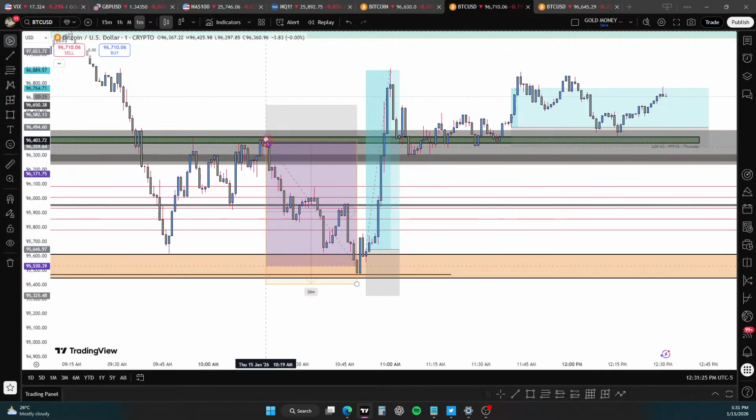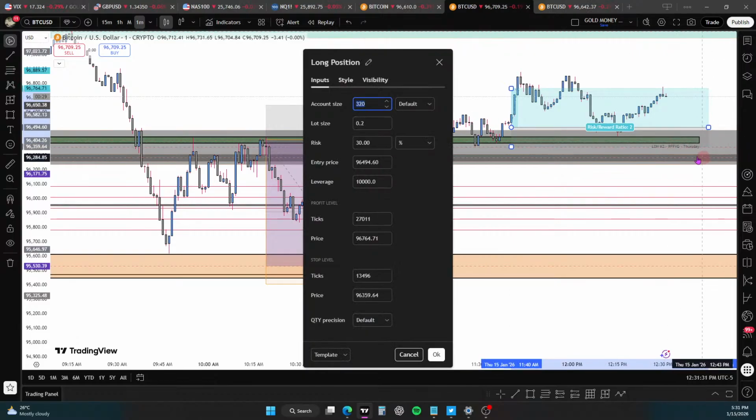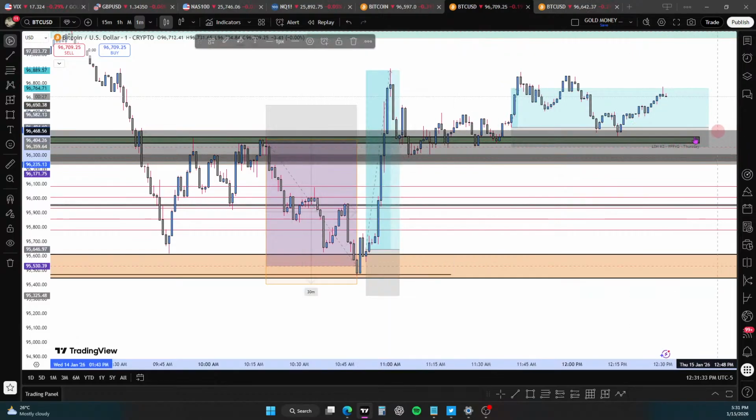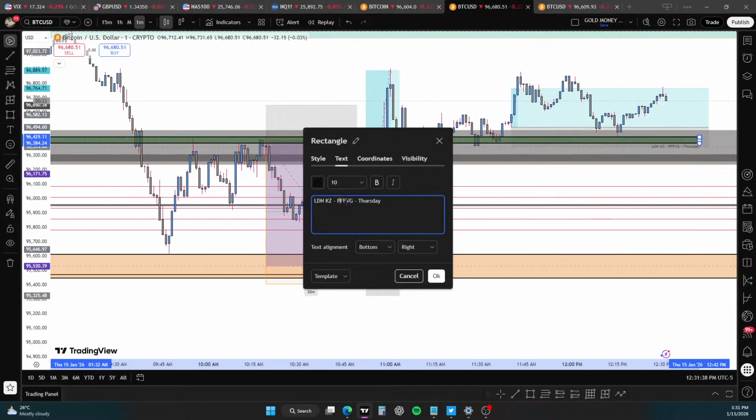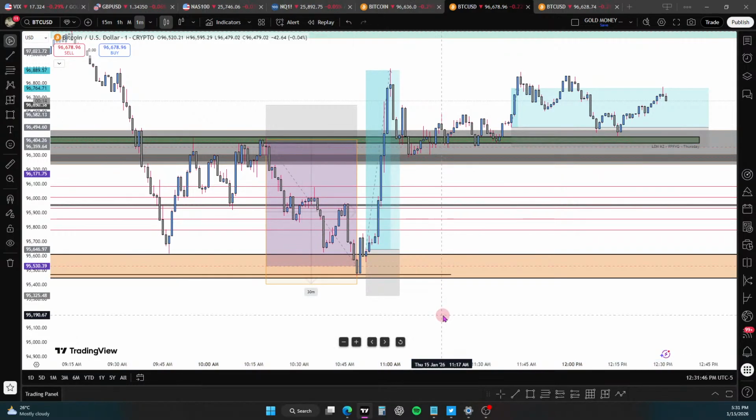The last candle inside today's London Kill Zone first presented fair value gap on. Sorry, one second. Look, you can see the last candle that taps it.